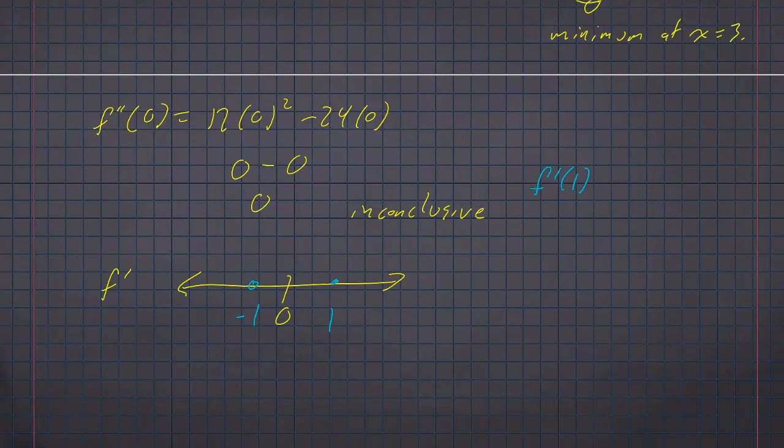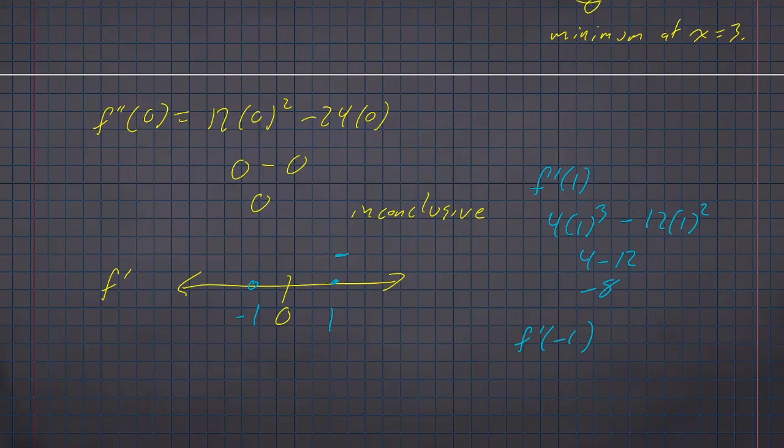F prime of 1 is 4 times 1 cubed minus 12 times 1 squared, which is 4 minus 12, which is -8. But the important thing is that that's negative. I'm sorry. That was +1 that I just tested.